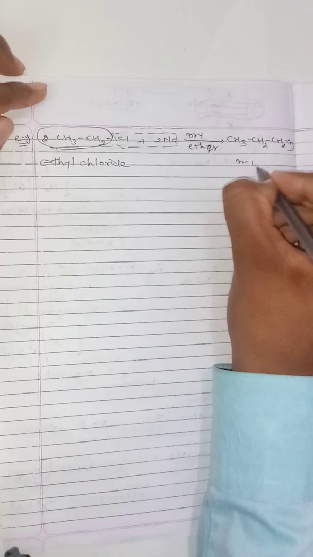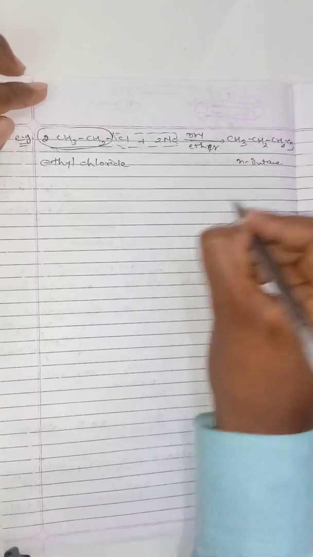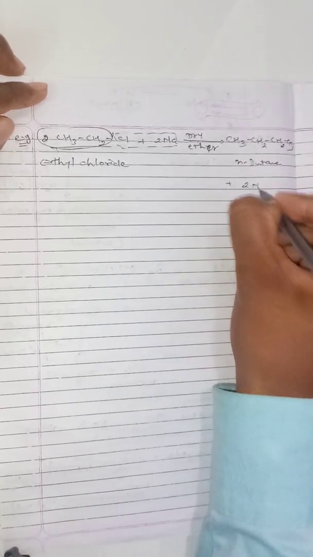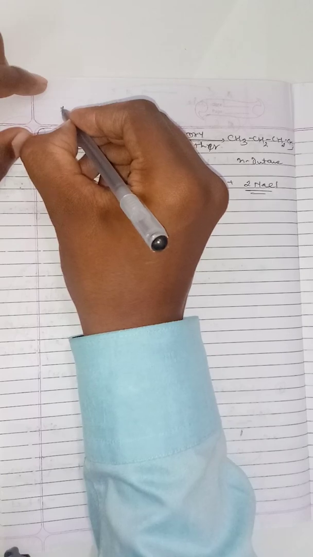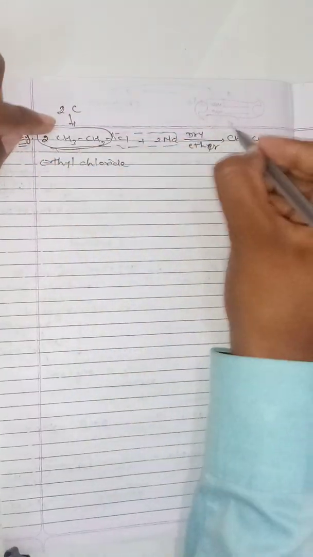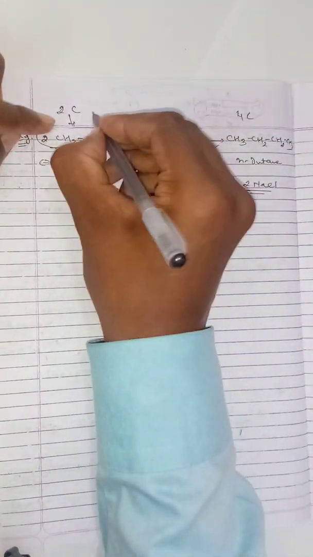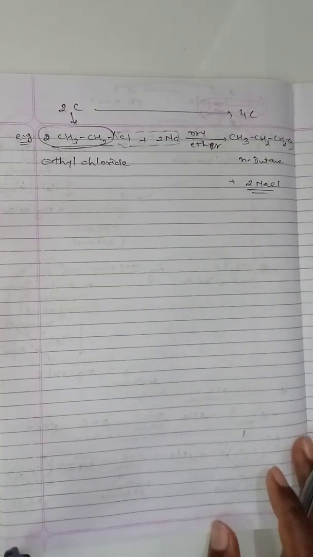It is called normal butane plus 2 moles of sodium chloride. So from this equation, here we take 2 carbon and we get 4 carbon, means double number of carbon is produced.